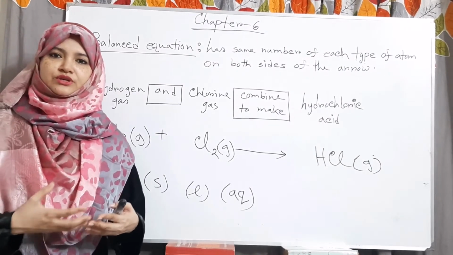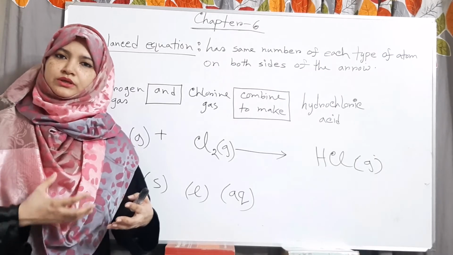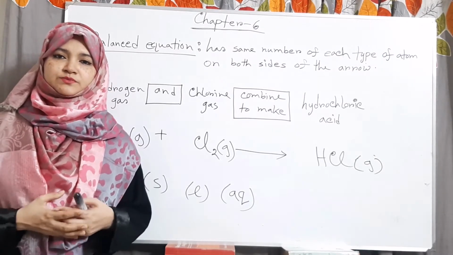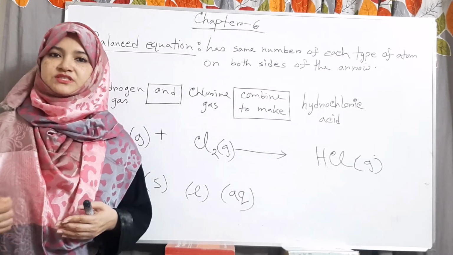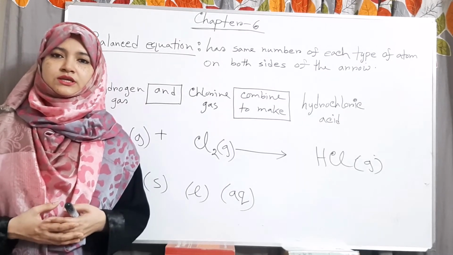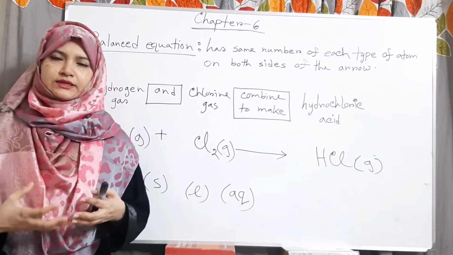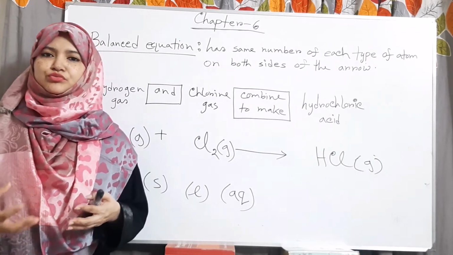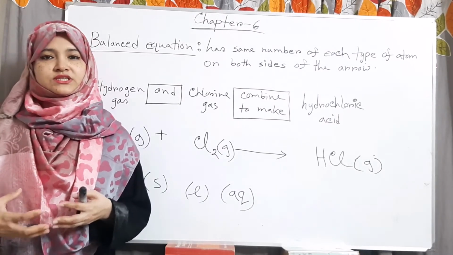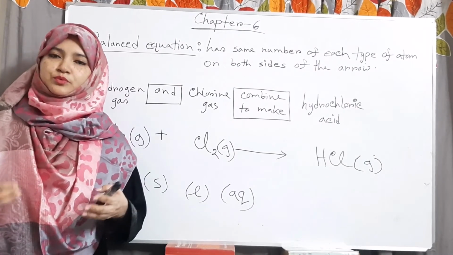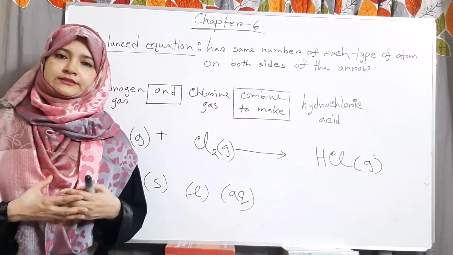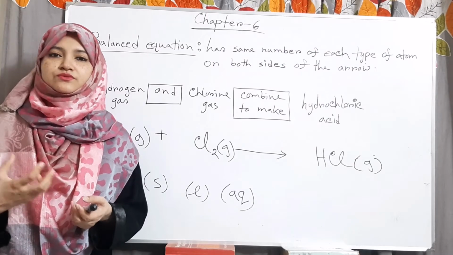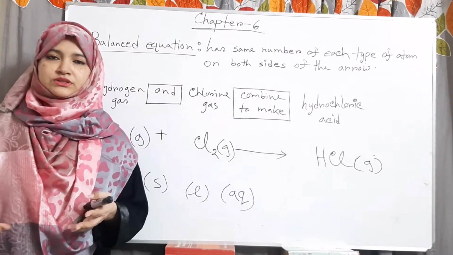what is an exothermic or endothermic reaction? You will learn about that in the next chapter, chapter 7, about chemical reaction. But now I can define it easily like this. The exothermic reaction is the reaction in which heat is produced with the product, and the endothermic reaction is the reaction in which heat is absorbed from the surroundings during the reaction.